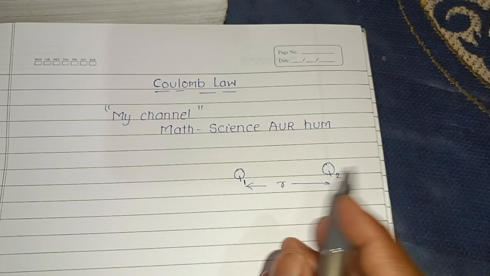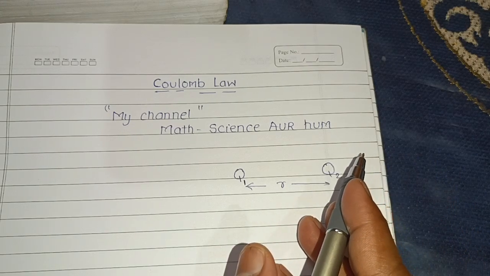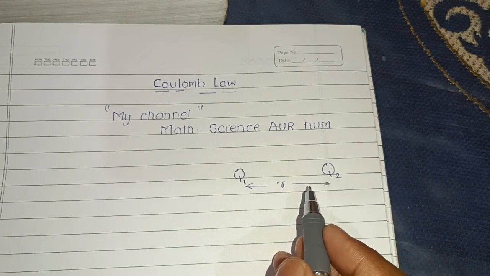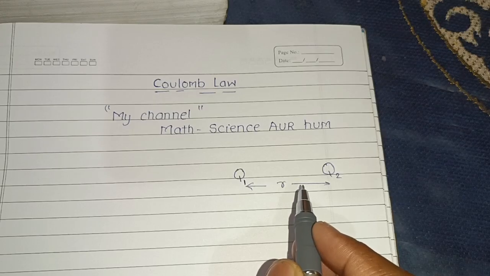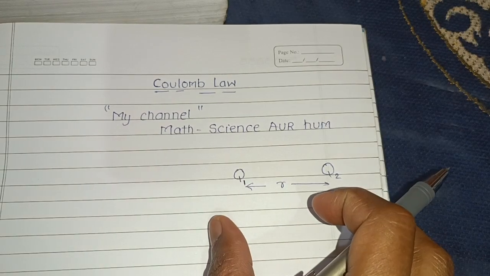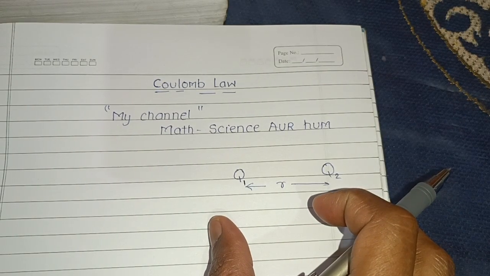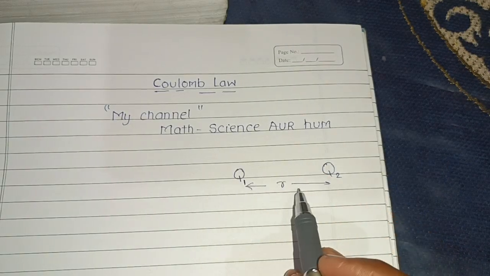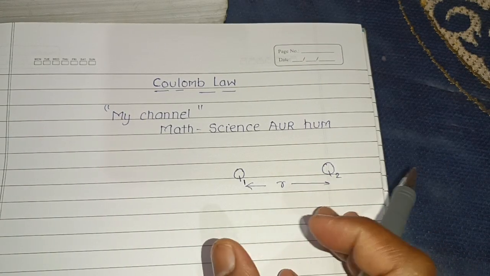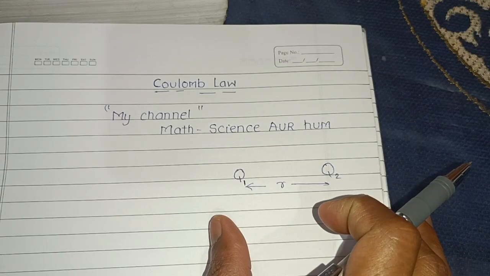Charges can be like or unlike. If the charges are like, then the force is repulsion, and if charges are unlike, then the force of attraction will be there.